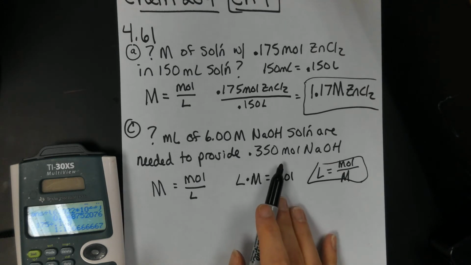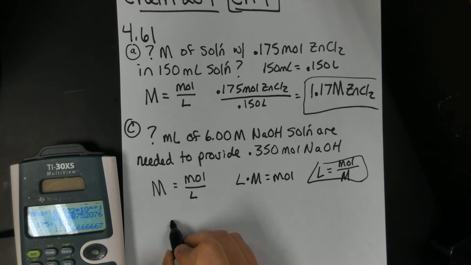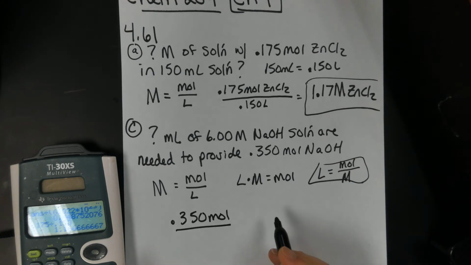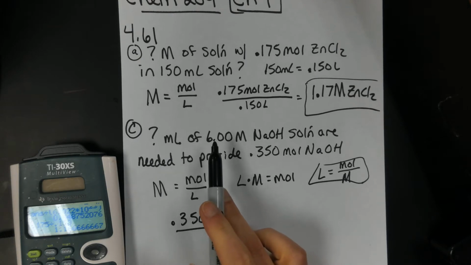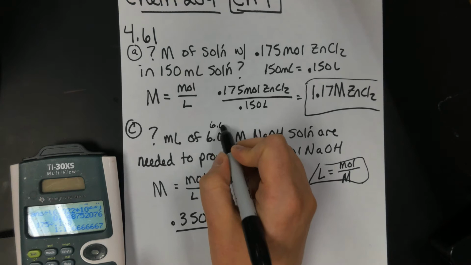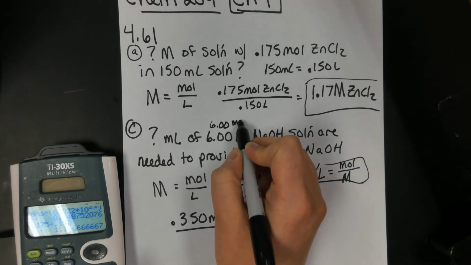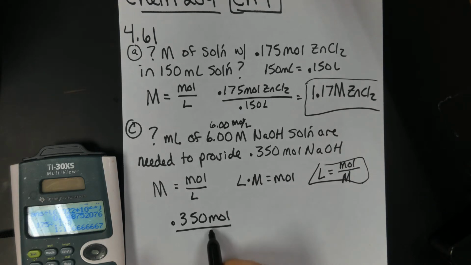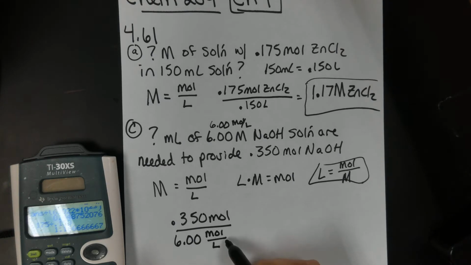So what are my moles? Moles is 0.350 moles, and I'm dividing that by, and what does 6.00 molarity mean? That's the same thing as writing 6.00 moles per liter, right? So if I'm dividing this by 6.00 moles per liter, what happens?